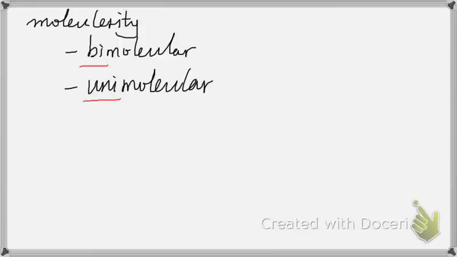So the bi means two, uni means one. So these two types of reactions will cover pretty much all the chemical reaction steps. It will be very rare for three molecules to collide at the same place at the same time. All right, so most cases either bimolecular or unimolecular reaction.